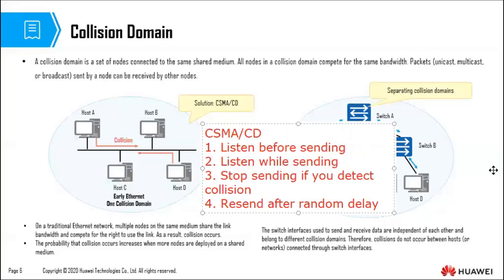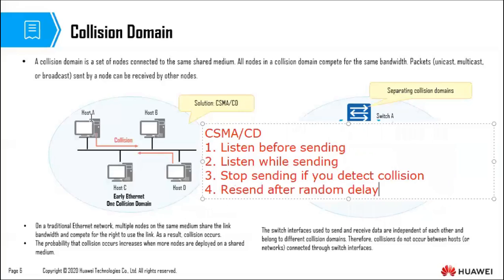So how does this work? Host A wants to send to host B. The first thing it will do is listen. Listening is trying to detect whether the shared medium, which is the bus here, is free or occupied. If the shared medium is free, then it can send.